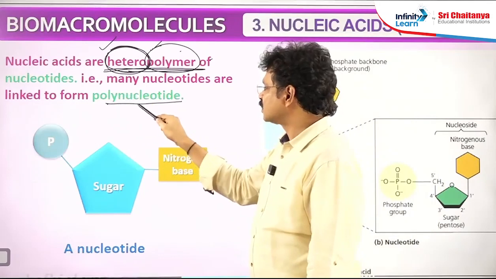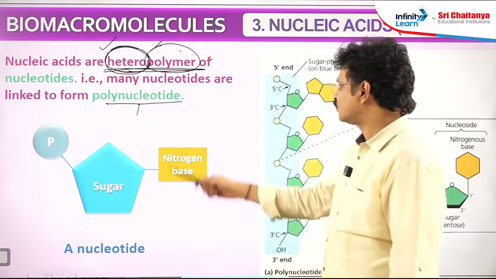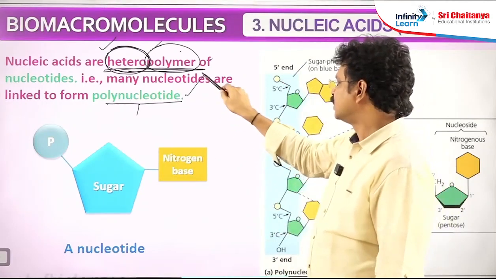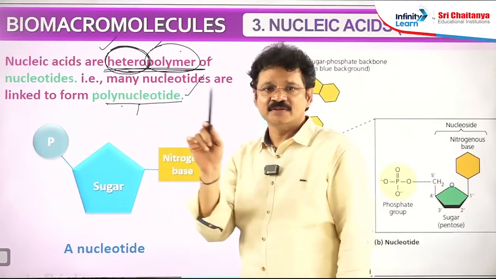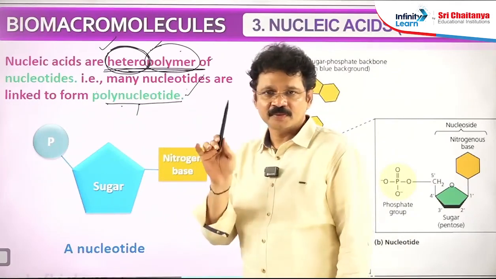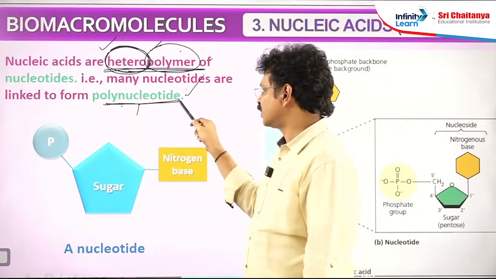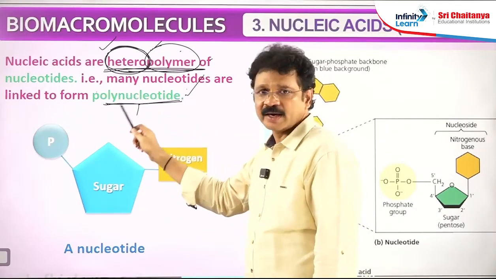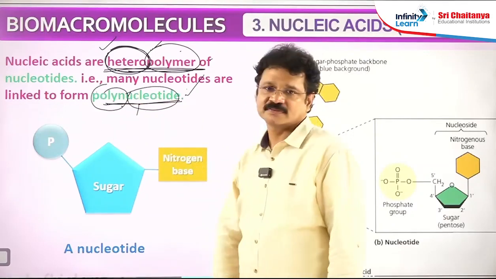Another name of nucleic acid is polynucleotide. Many nucleotides are linked with one another to form DNA. Like protein is also called a polypeptide, likewise another name of DNA or RNA is polynucleotide, because each DNA or RNA is made up of many nucleotides.